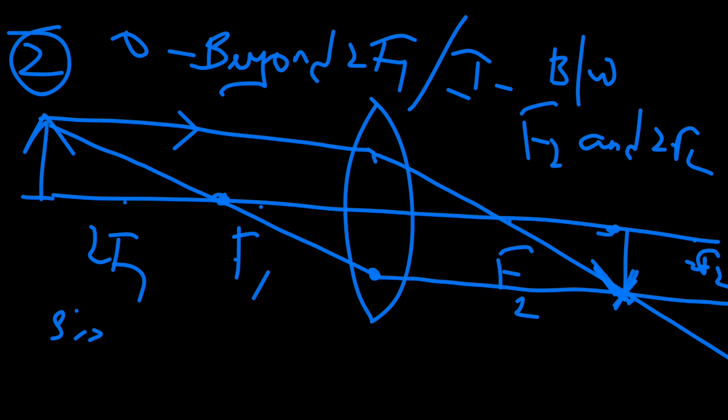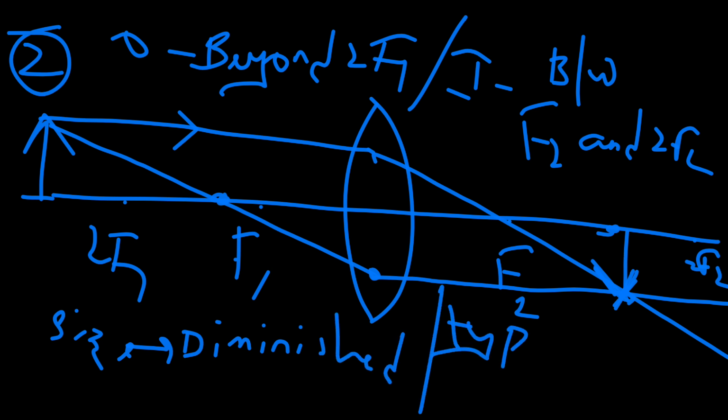What about the size? Size is a little smaller compared to the original one, so you could write diminished. Diminished means small image. And the nature of the image is the same as before: the rays really meet, so it is real and always inverted, real and inverted. This is the second situation.